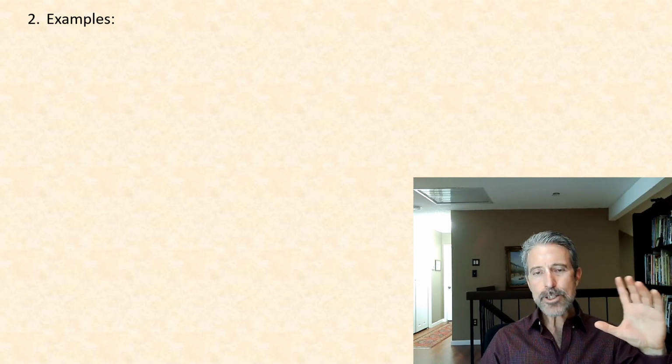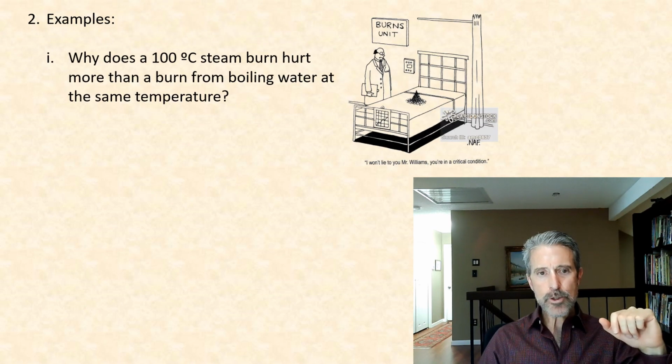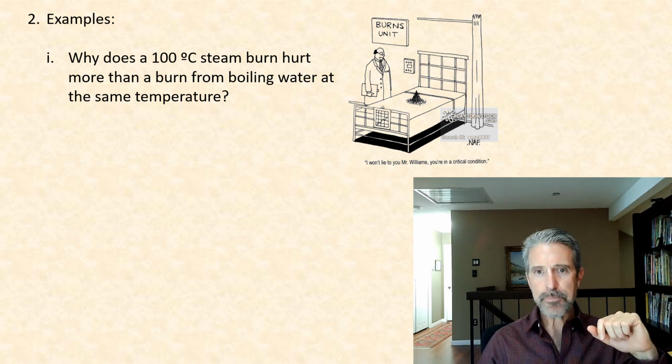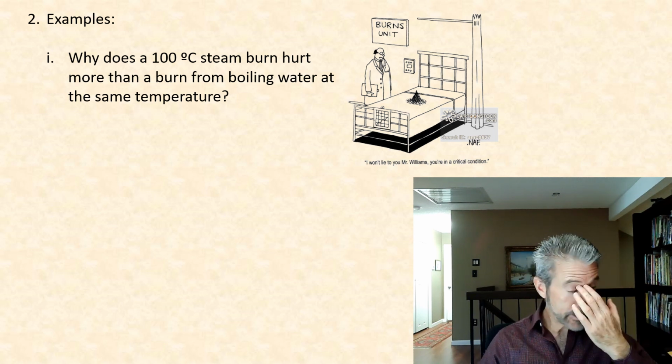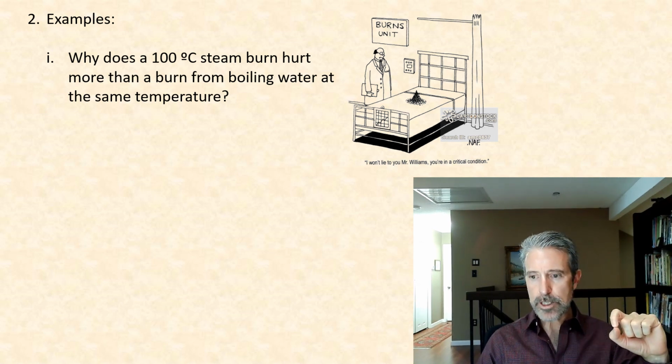And lastly, in this slide, let's take a look at applying the concept of latent heats to a couple of examples. So in our first example here, we're asked, why does a 100 degrees Celsius steam burn hurt more than a burn from boiling water at the same temperature? So let's start by considering the case of water which is boiling, which is at 100 degrees Celsius.